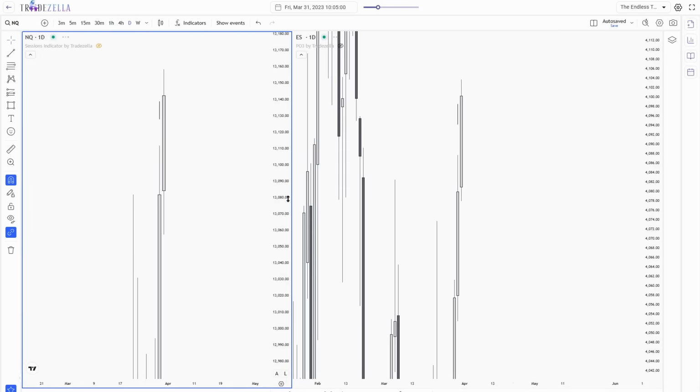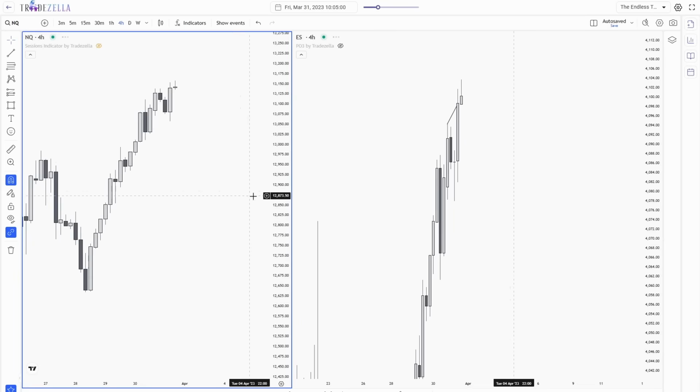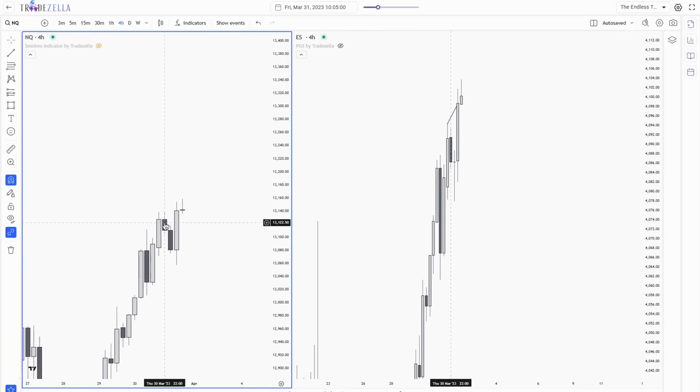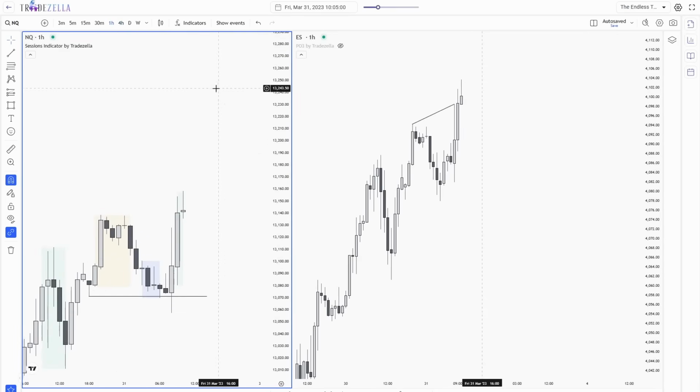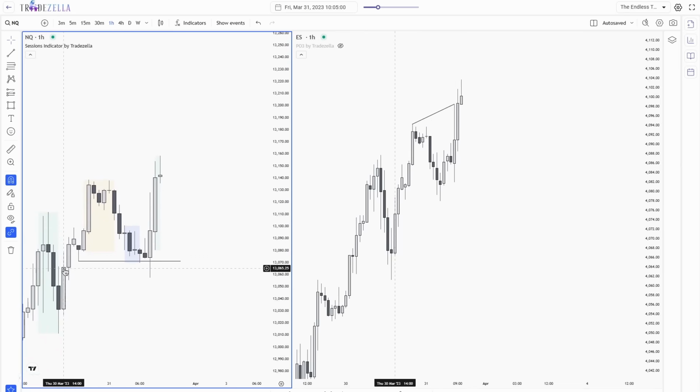And now it has invalidated the TGIF idea and it is continuing higher. Let's see the 4-hour. From the 18 we have created a new low of the day from this manipulation. Now going into the hourly, 9:30 reversal inside this order block, 9:30 expansion away from that.